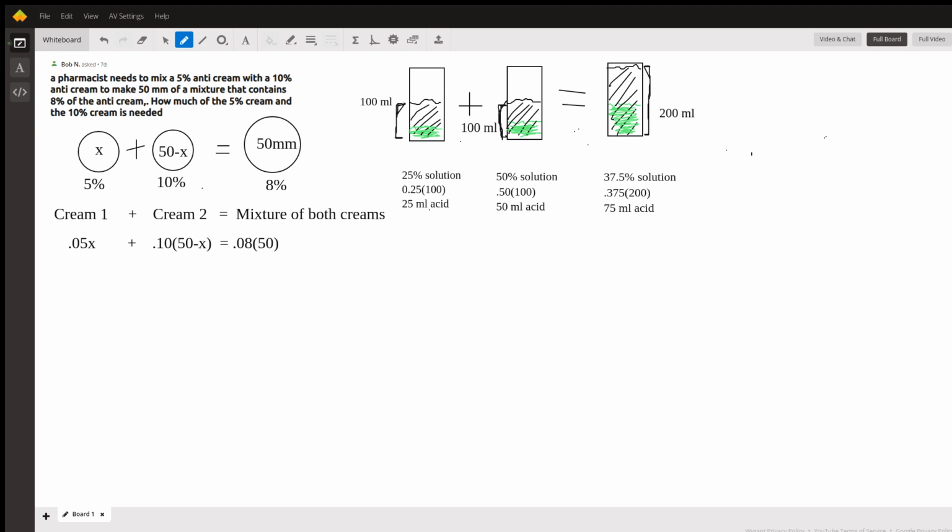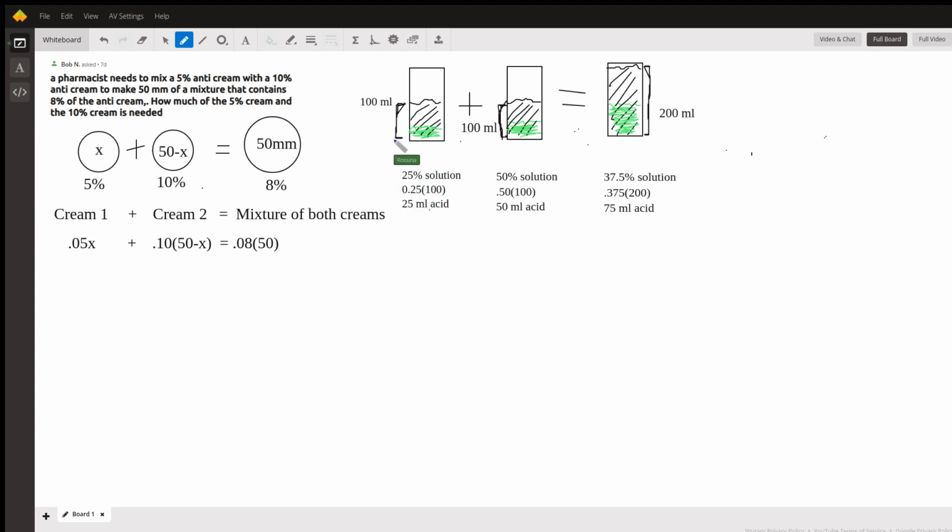If we talk about percentages, we know if we want to find the amount of something, we just multiply, right? So if I say there's 100 milliliters of liquid in here and 25% of it is acid, we'd say 25%, convert it to decimal, 0.25 times 100 is 25 milliliters.